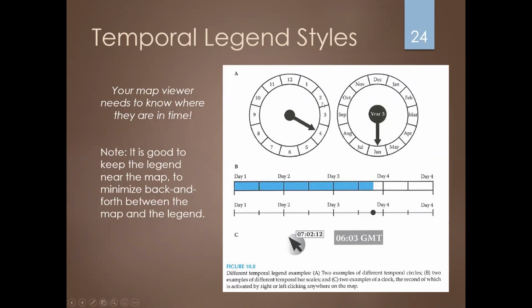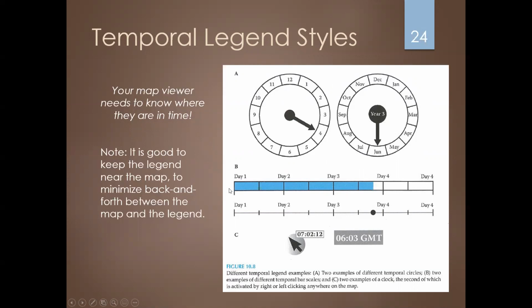For example, solution A, you can use two circles, just like clocks, to show the month of the year. Or use a number or a specific abbreviation for that month to show the specific time for a specific frame or several frames.